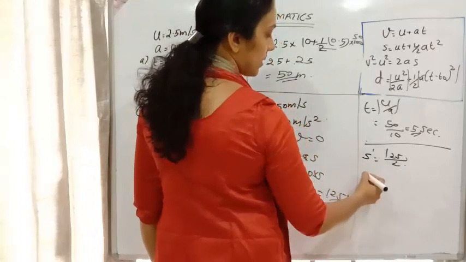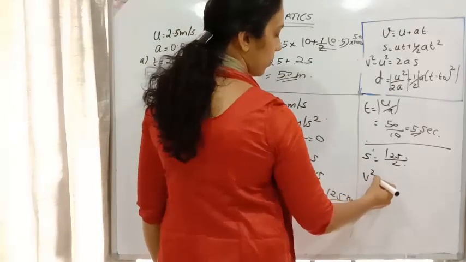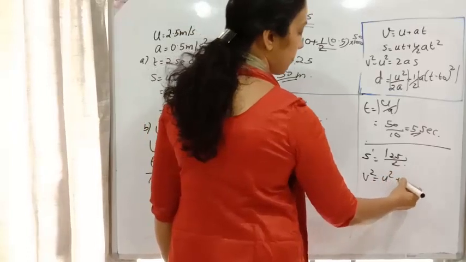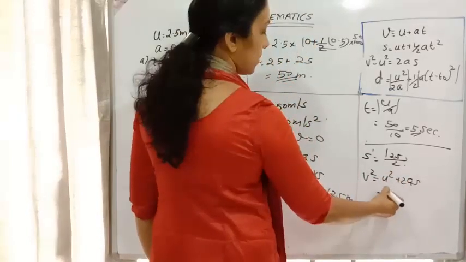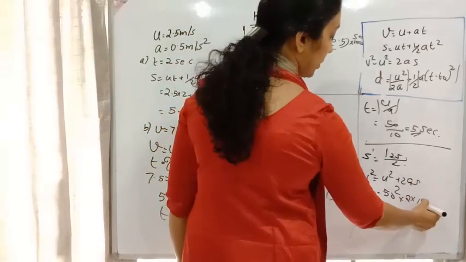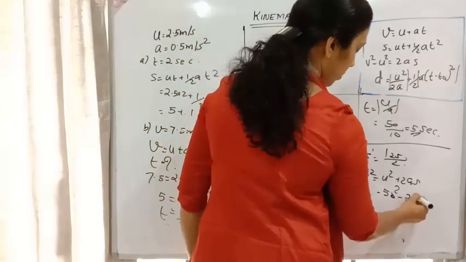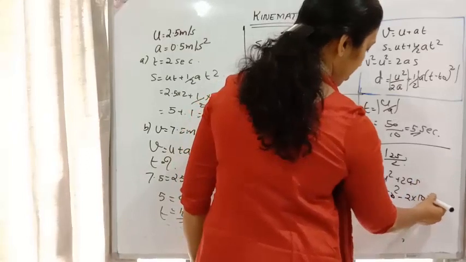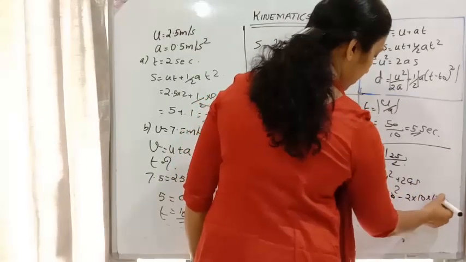So here v square minus u square equals 2as. u is 50 square plus 2 into acceleration, which is minus 10, into 125 by 2.